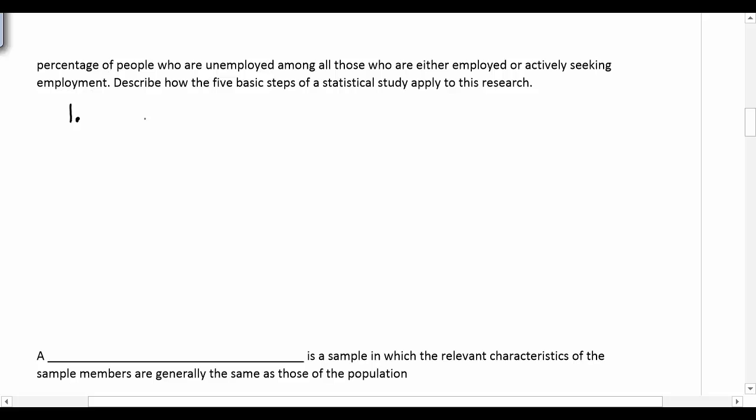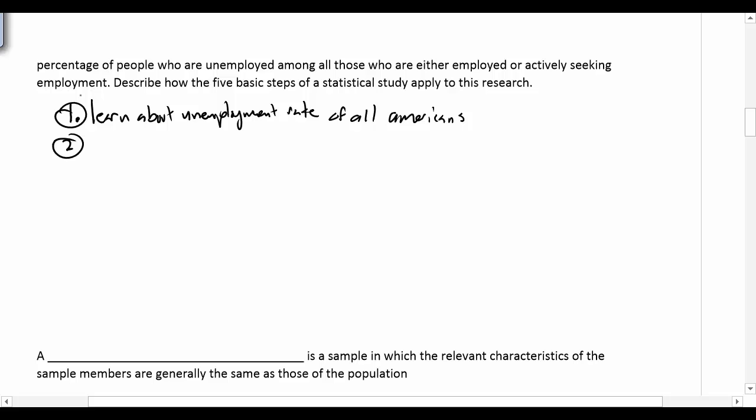That is the reason why we're researching.